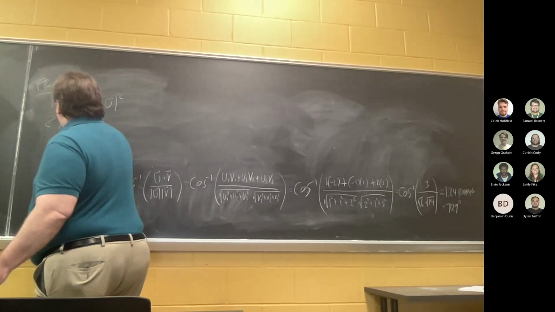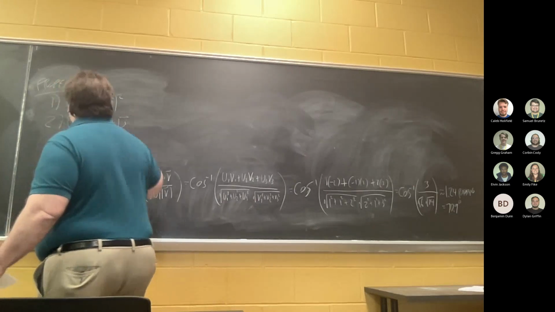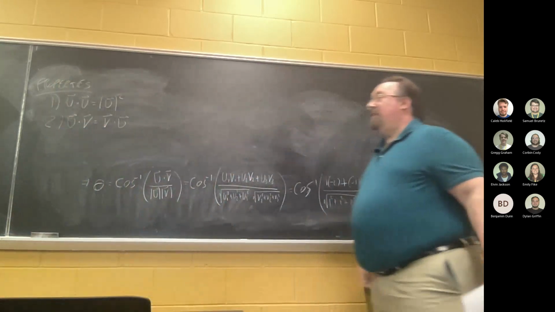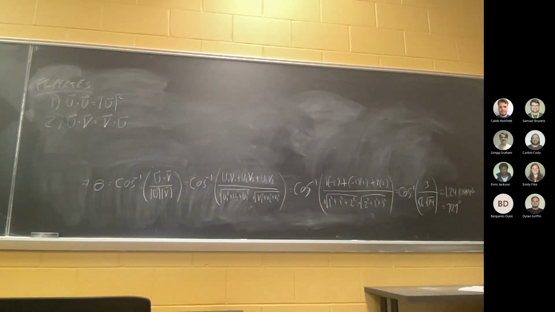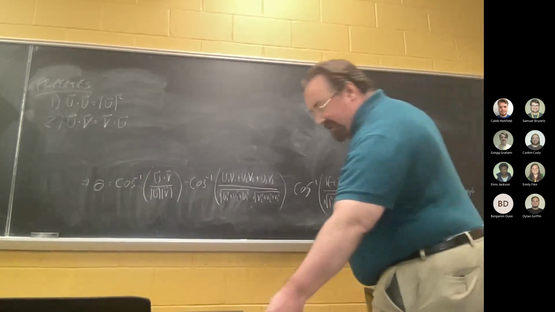The dot product is commutative: U dot V is equal to V dot U. I can say that because U and V are real vectors. If they were complex, that would be wrong.